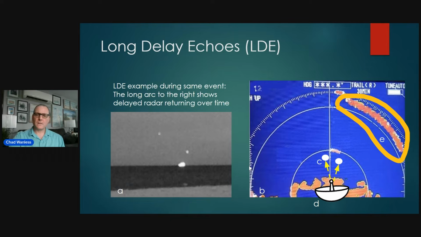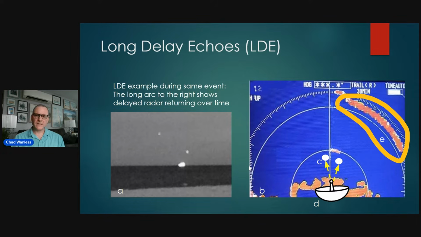Now there's a second plot on the right-hand side circled in E. This is what they call a long delay echo. This was approximately 1 second of returns. Now, just so everyone knows, each radar device sends its own coded signal out so that if two or more radars are tracking the same object, they don't confuse themselves.